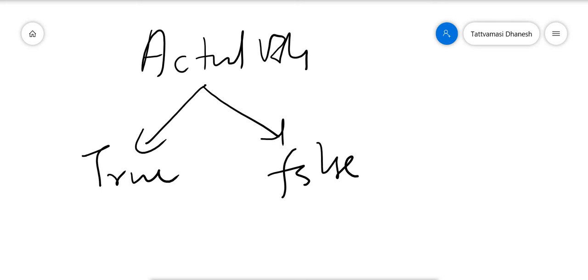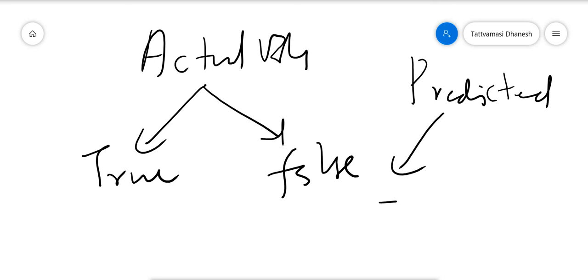The predicted value is of two types, positive and negative. The predicted value is classified as positive and negative. The actual value is classified as true and false. In that way you can understand true positive, true negative, false positive, false negative. This will give you a clear picture of type 1 error and type 2 error as well.